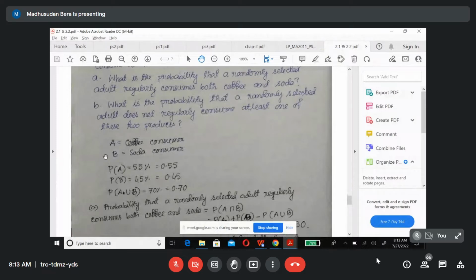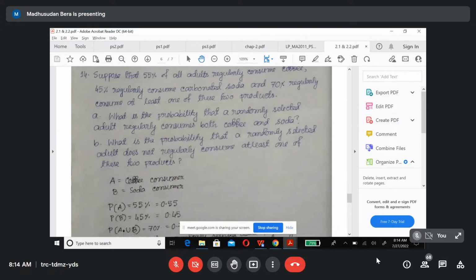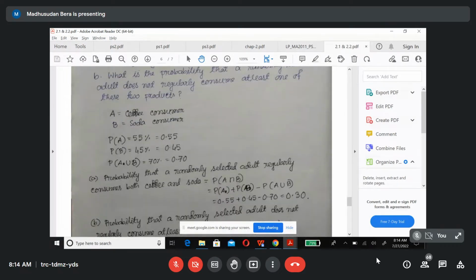A is an adult who is a coffee consumer, B is a soda consumer. 55% regularly consume coffee, so the probability of A is 0.55. 45% regularly consume carbonated soda, so P of B is 0.45. And 70% regularly consume at least one of these two products. At least one of these two means union, so the probability of A union B is 0.70.